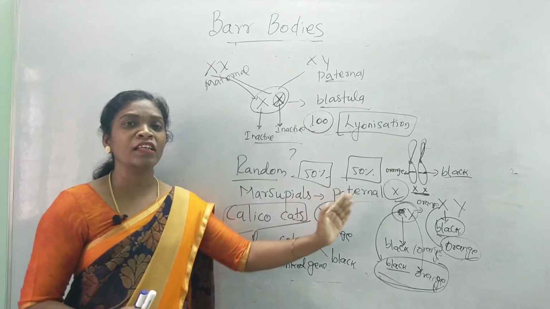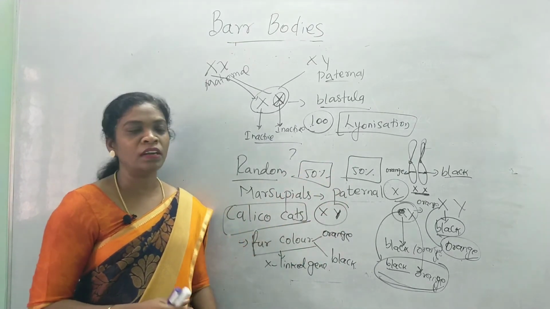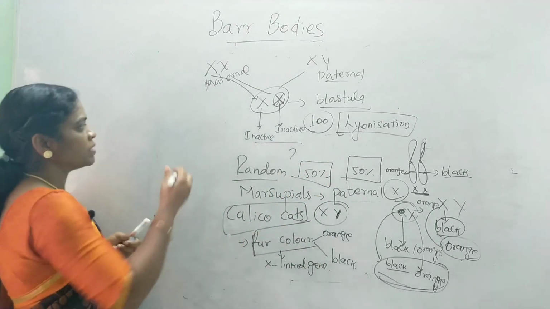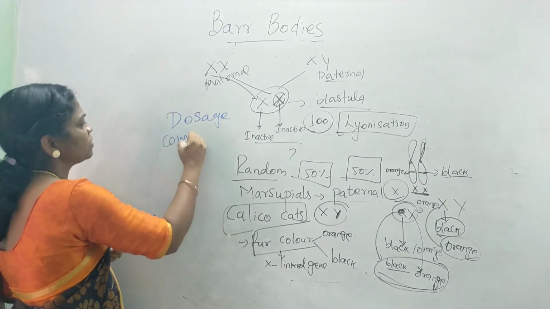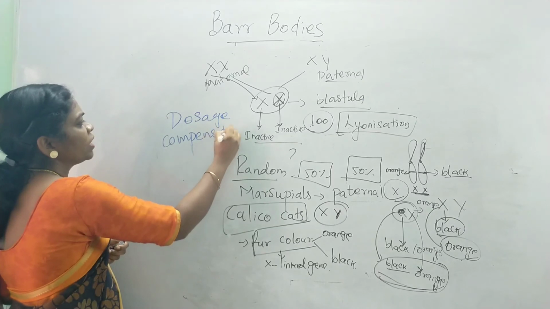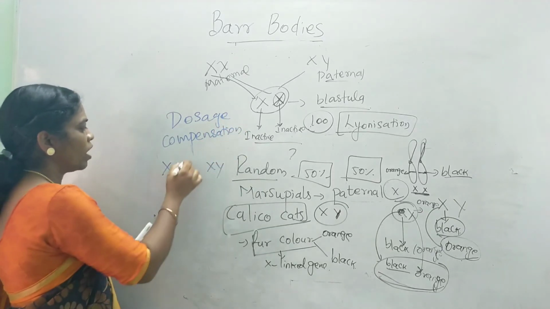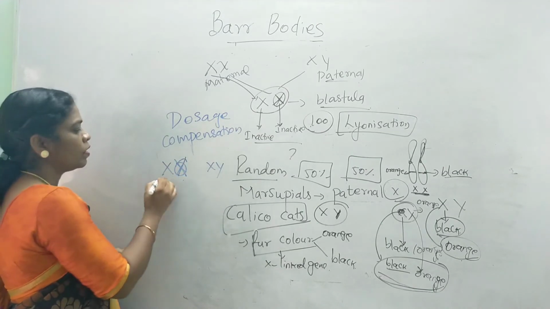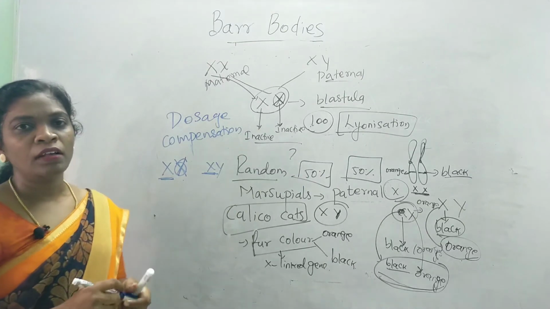What happened to maintain the dosage between male and female organisms? This mechanism has been maintained, and it is otherwise known as dosage compensation. In the XY type, one of the X chromosomes remains inactive to keep the number of active chromosomes equal in male and female.